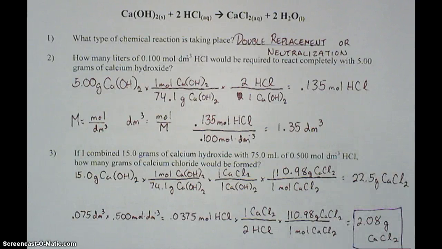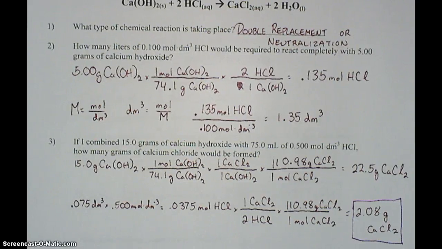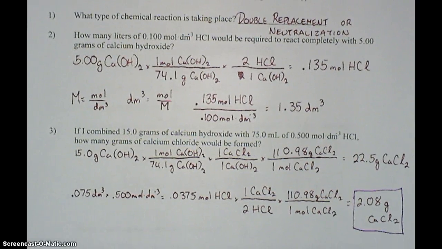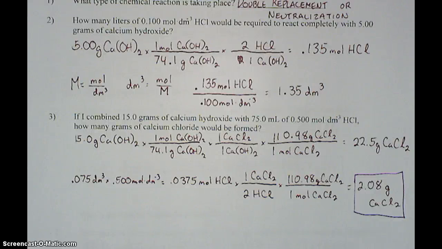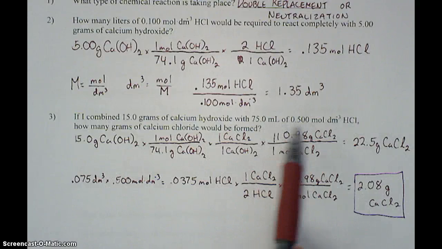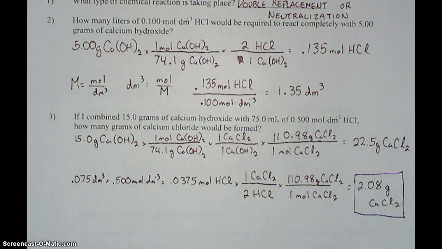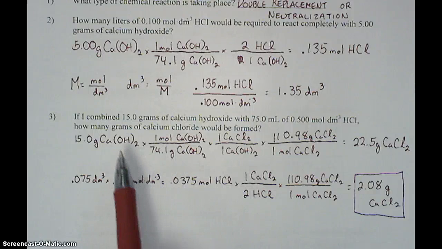Now we're moving on to the limiting and excess problem. In problem number 3, we have 15 grams of calcium hydroxide, and I have a volume of a known concentration of HCl. And I want to know how much calcium chloride, one of the products, I can form. So first, I'm going to do what we've done on the other pages.